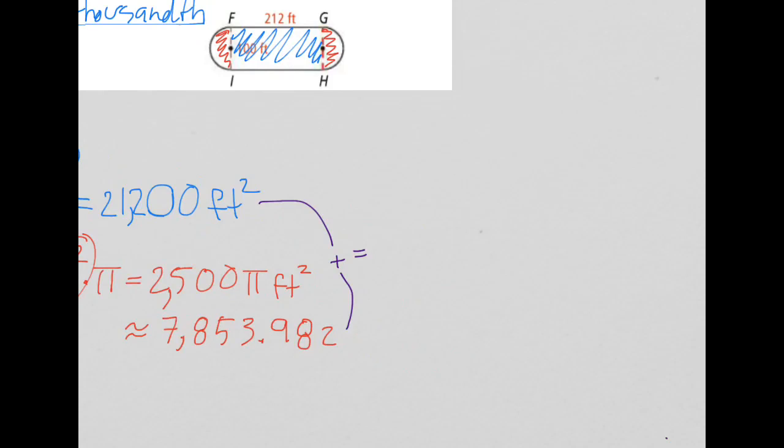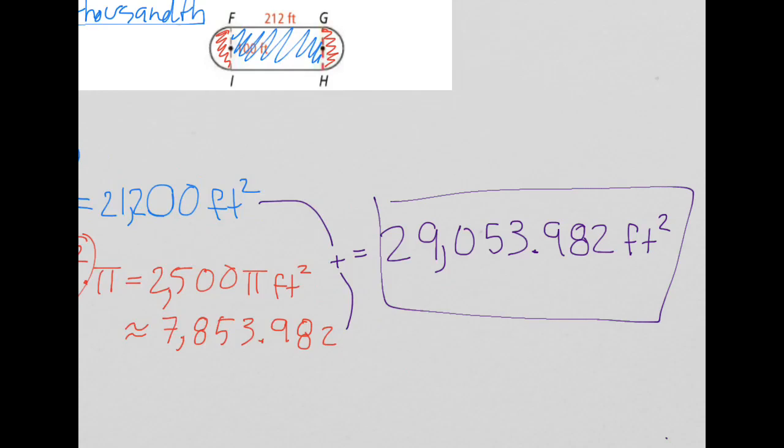We want to add 21,200, so do that, and you should get 29,053.982. And I'm actually going to get rid of that box because I want to write my units, which again are square feet, which we write like that. And that is my final answer for the final problem.